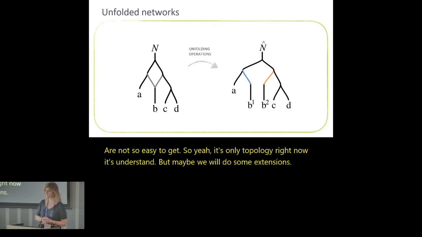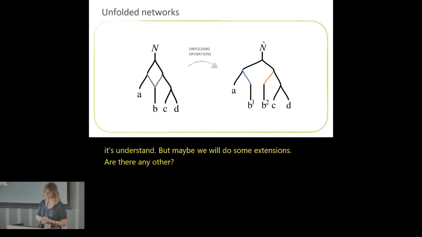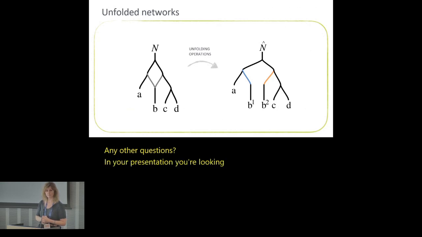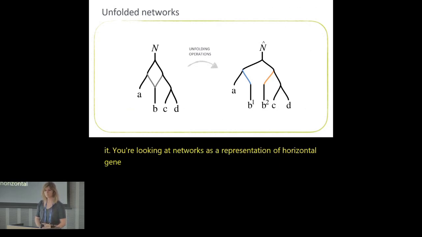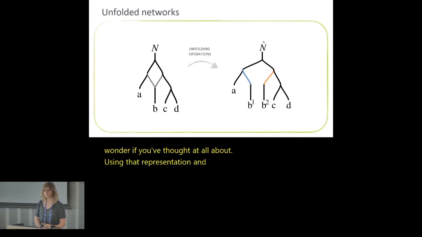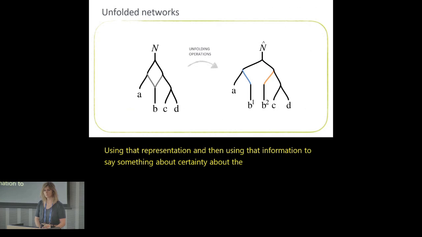Are there any other questions? So in your presentation, you're looking at networks as a representation of horizontal gene flow. Networks can also represent uncertainty, and I wonder if you've thought at all about using that representation and then using that information to say something about certainty about the events that you infer.